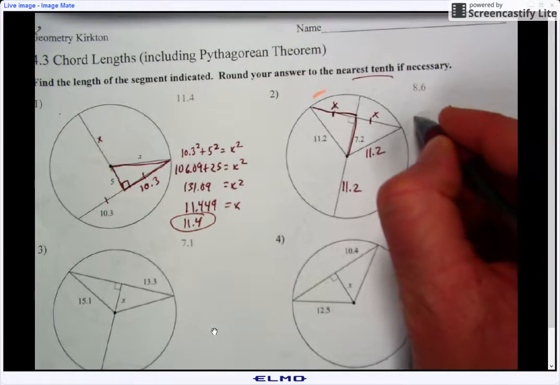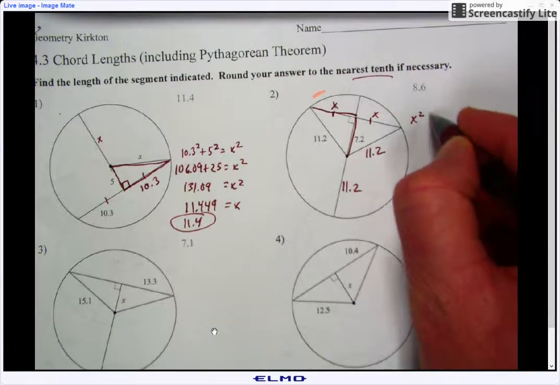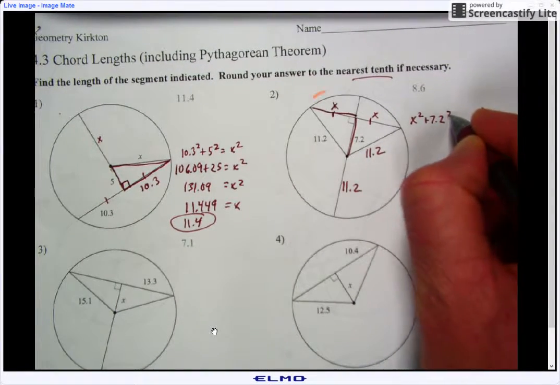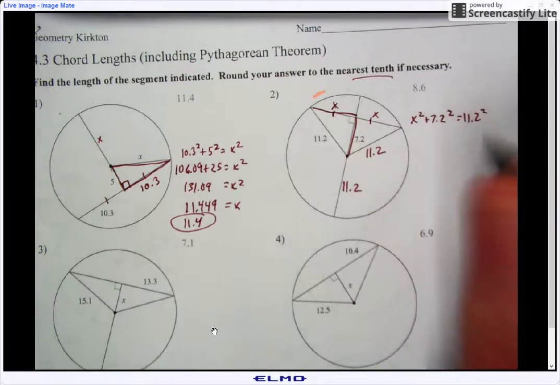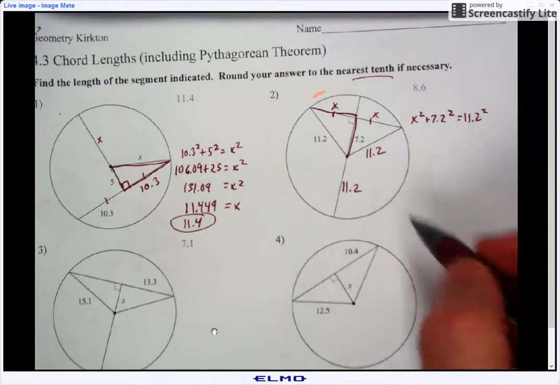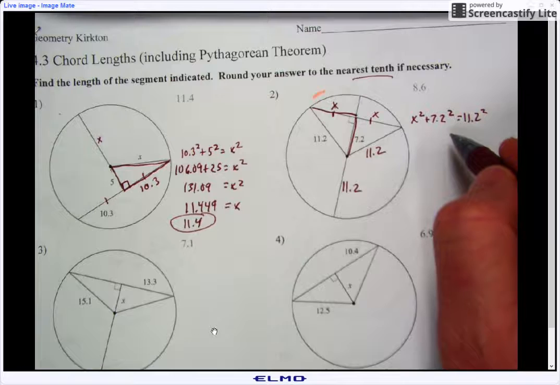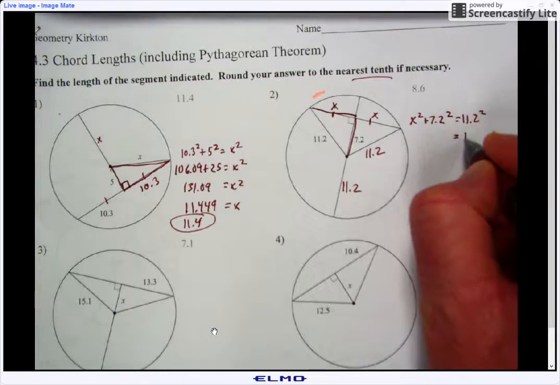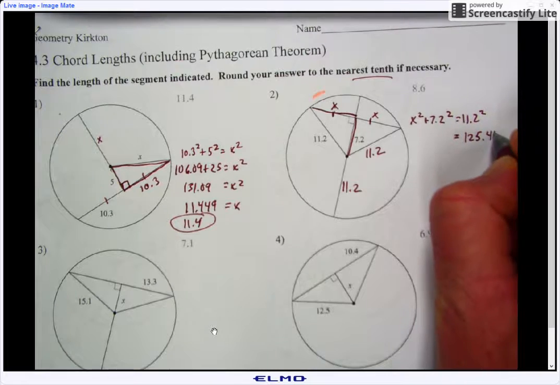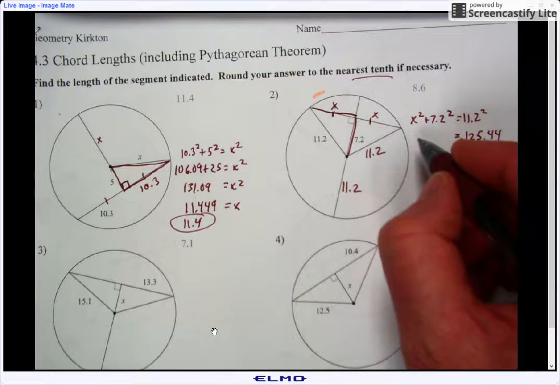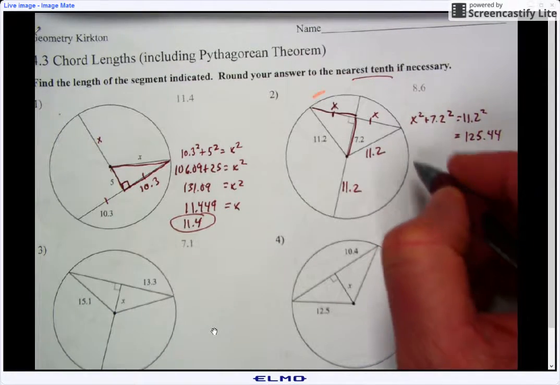So we have x squared plus 7.2 squared equals 11.2 squared. This is different than the last one because this time you know the hypotenuse. So you square this hypotenuse. Don't start rounding until you get to the end.